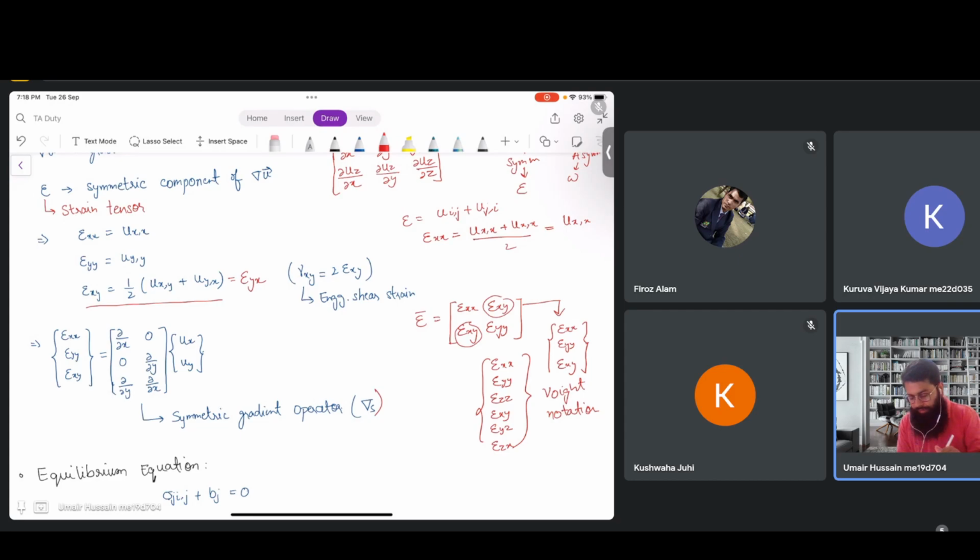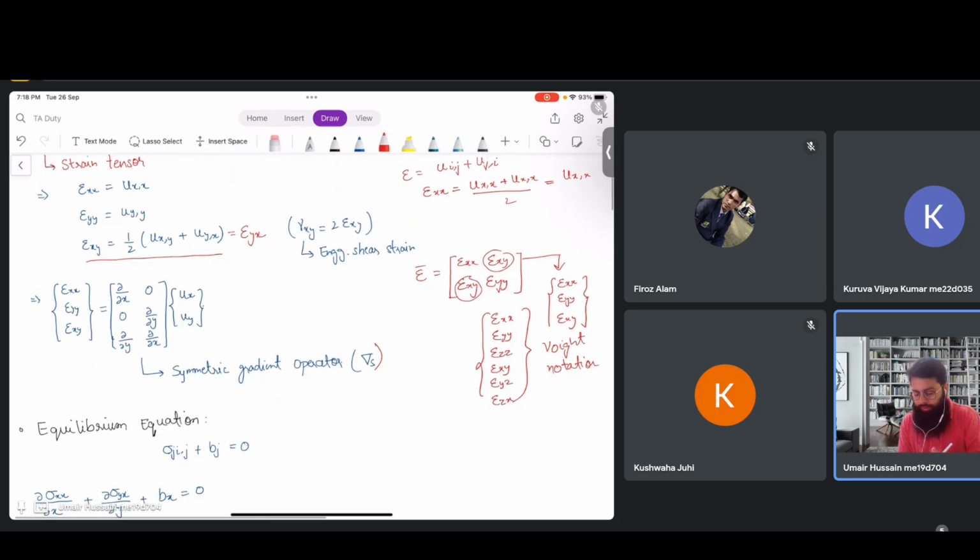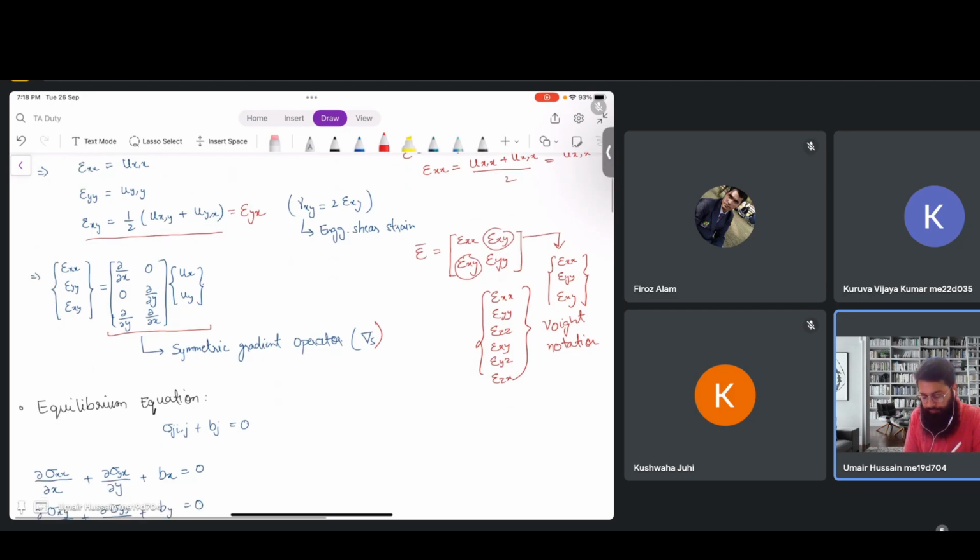So if we want to represent the strain tensor or strain vector now in terms of the displacement vector, we can represent it with this formula. This matrix here is an operator. We can treat this as an operator, which we call the symmetric gradient operator, because it doesn't give the complete gradient like del.